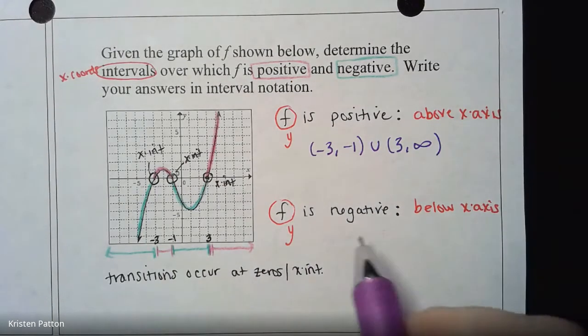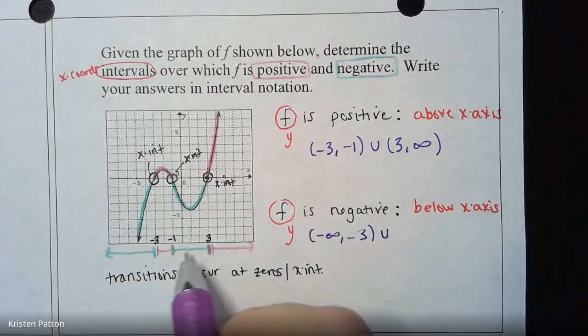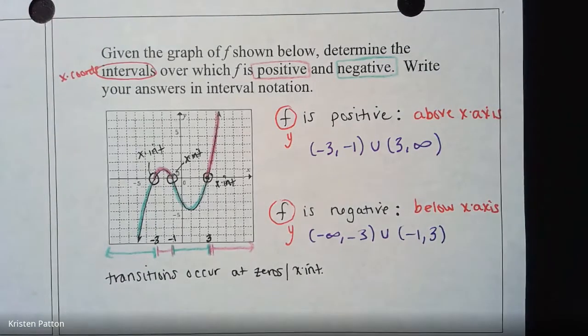That's when I'm turquoise, and that's from -infinity to -3, union -1 to 3. Okay. So very similar to what we did a while ago. I don't even remember what day it was. 7.6, when we were talking about increasing and decreasing behaviors, but now we're just talking about above and below. That's what it means for a graph to be positive or a graph to be negative.